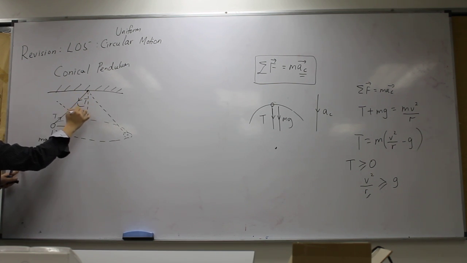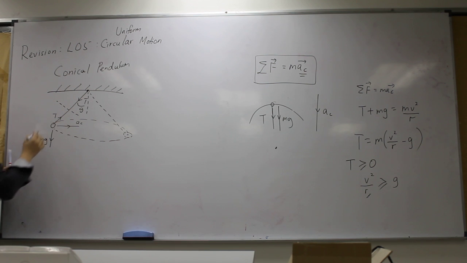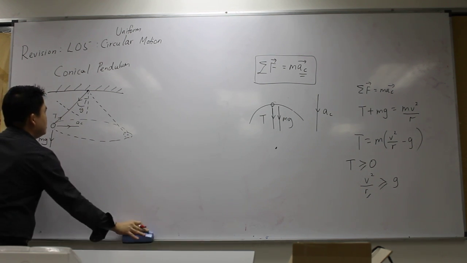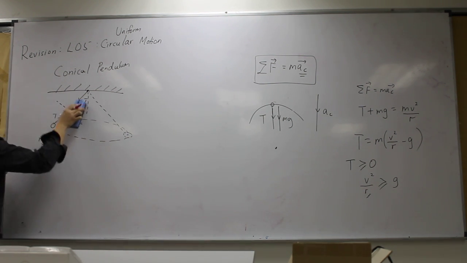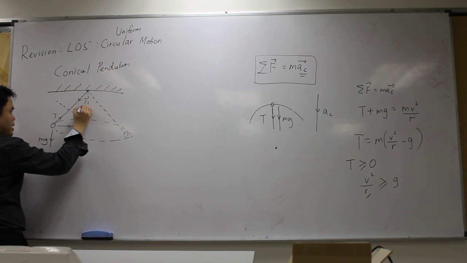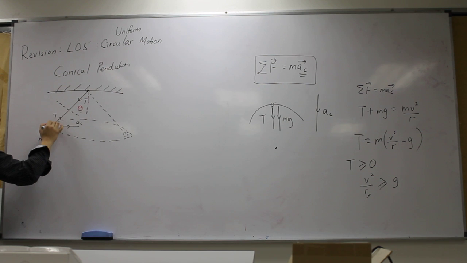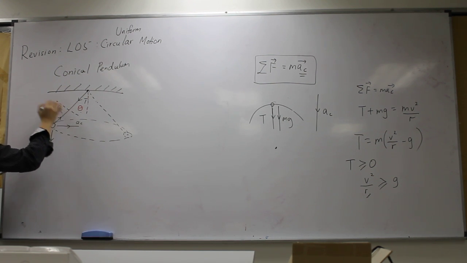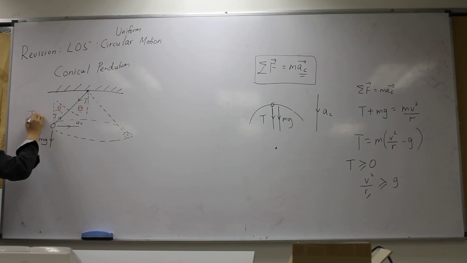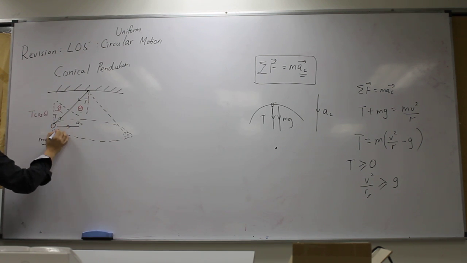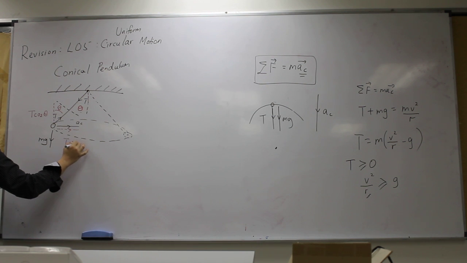if here is theta, then maybe I use another color. If we make a theta with respect to the vertical, which means that here is also theta. Hence, the vertical component is T cos theta. On the other hand, the horizontal component is T sin theta.